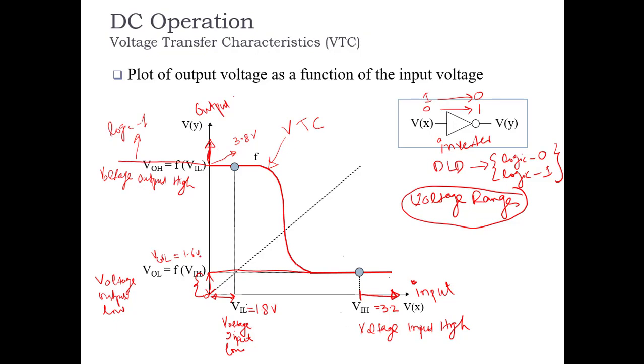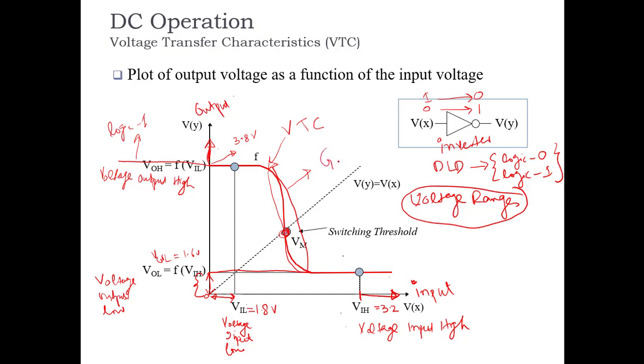Now you know that the logic levels are basically voltage ranges, and the middle point is the switching threshold, and we have this region where the voltage is sharply reducing.